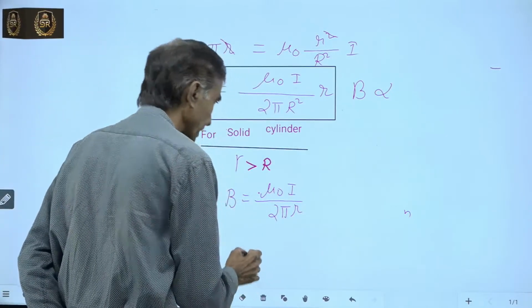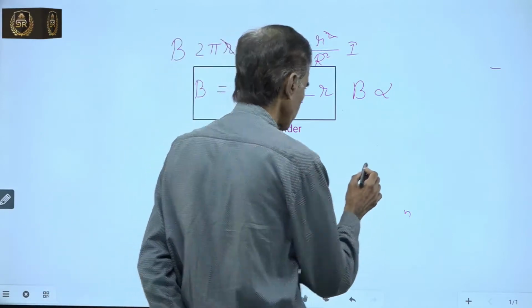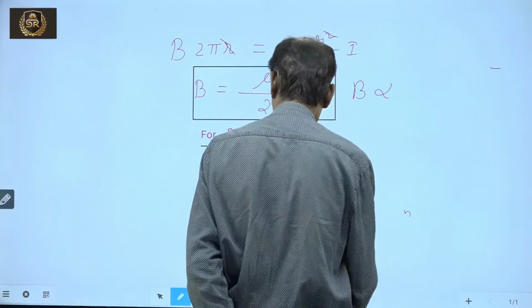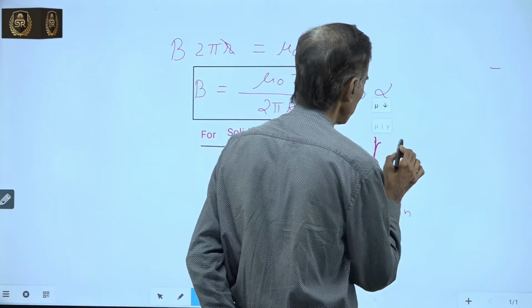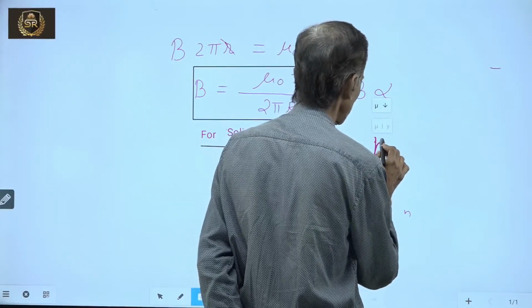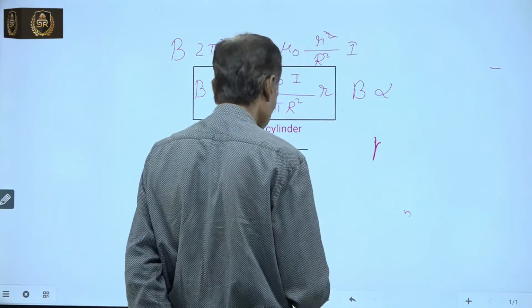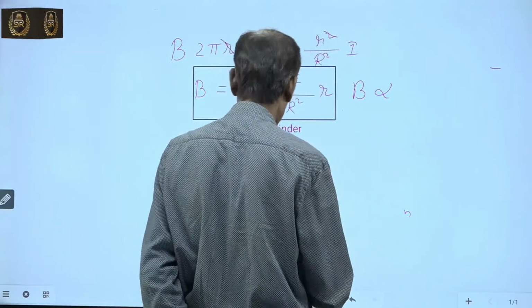Next, second result, small r equal to capital R, that is surface.